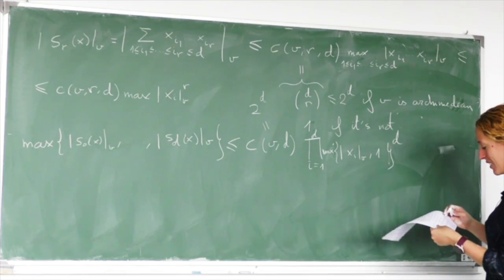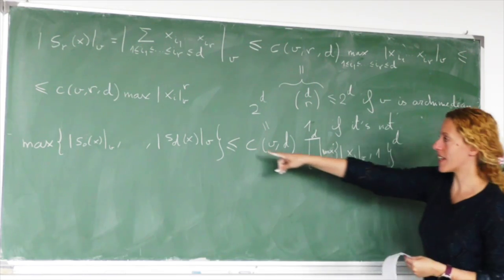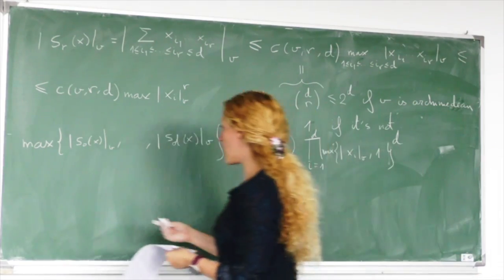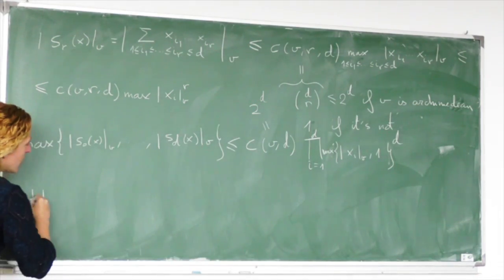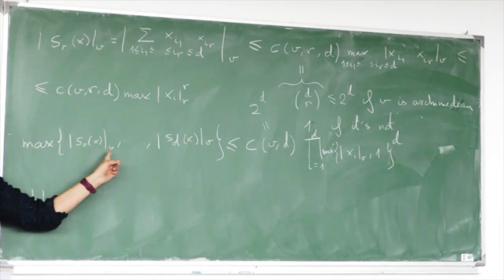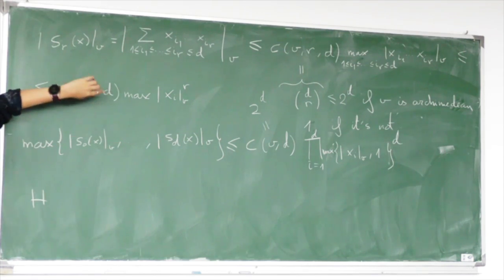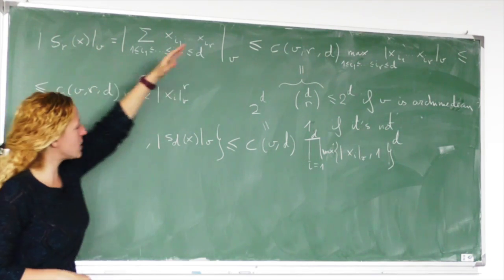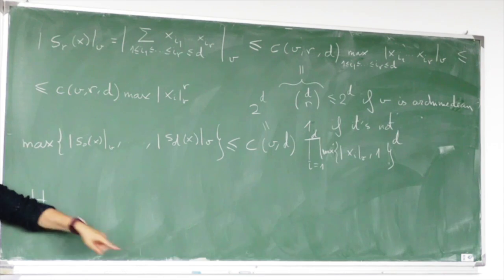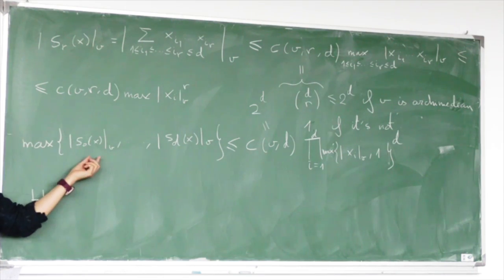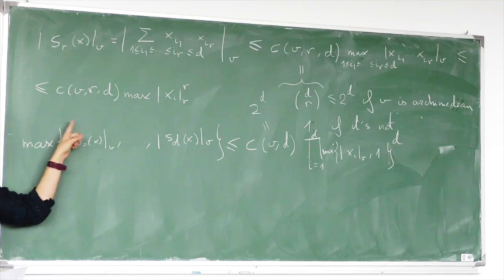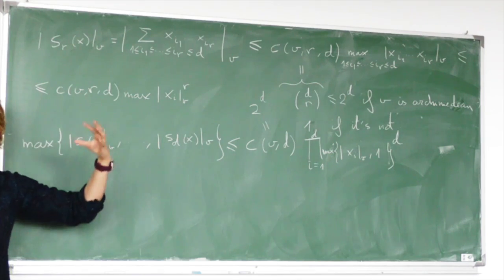So we have this. And now, because I have this, I can define... this is for all valuations. So now I can take the product of these inequalities, both sides, when I go through all the valuations. This gives me in particular the height of all these coefficients if I see them as a projective point.